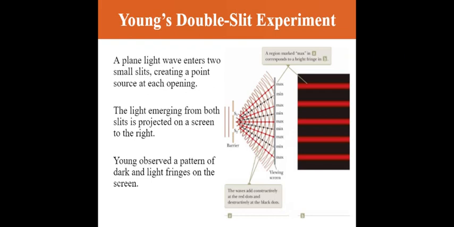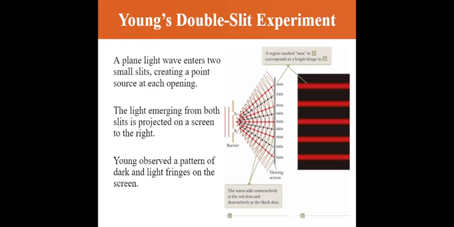So what did Young do? And again, people were still not sure what light really was. So he was the first person to show clearly that light could undergo constructive and destructive interference, just like sound waves, just like a regular wave. So he had to demonstrate this in the lab. In a dark room, he took up a small barrier with two slits fairly close to each other, and the slits were really small.